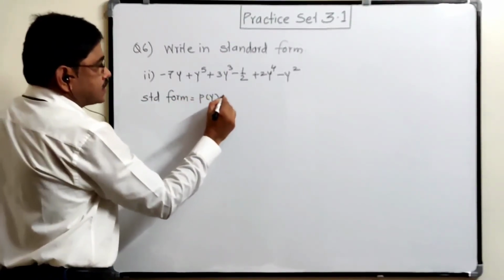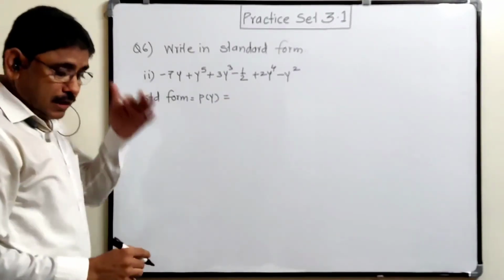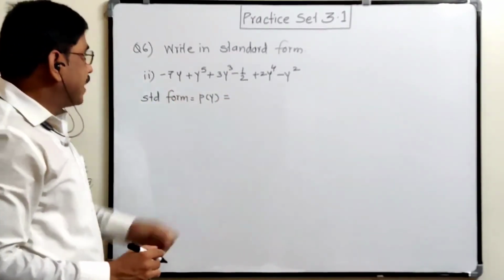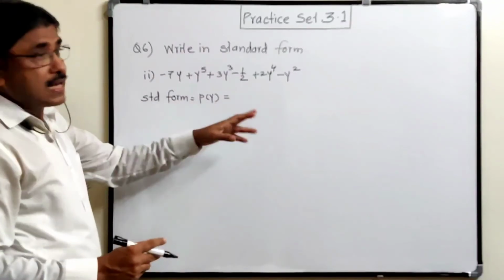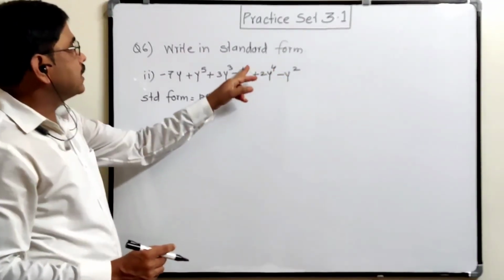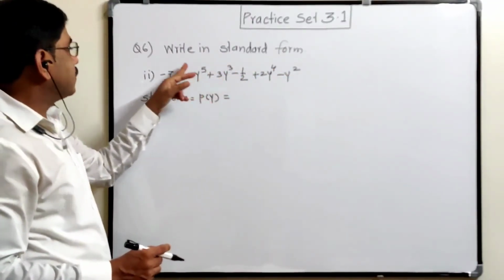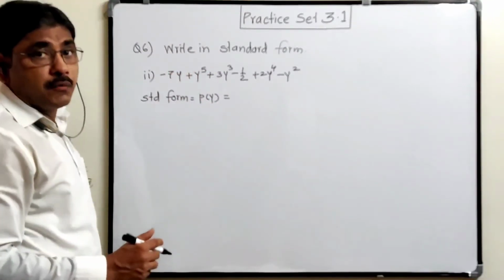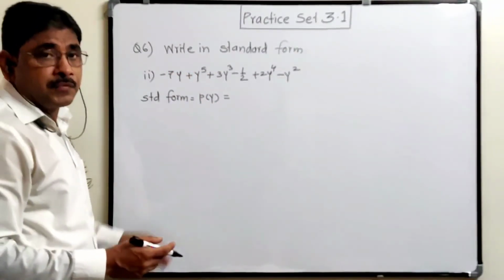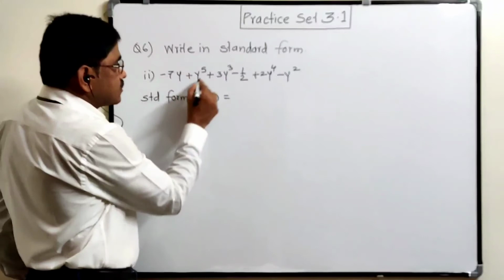Py is equal to the polynomial in y, that is called py. So highest power, see the highest power 2, 4, here it is 0, 3, 5, 1. So highest power is 5. So first write the term with power 5, that is y raised to 5.